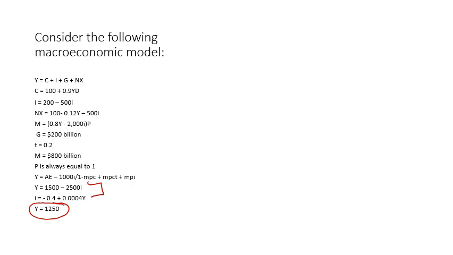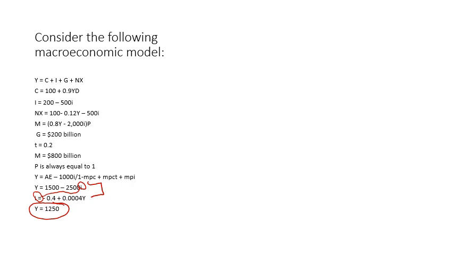Well, that comes from the goods and services market. And the second equation, I, is equal to negative 0.4 plus 0.0004y. That comes from the money market. And what I'm going to do is take the I equation and substitute it into the GDP equation, or the Y equation.